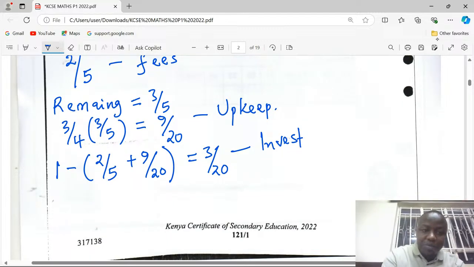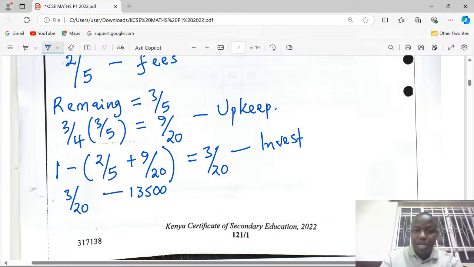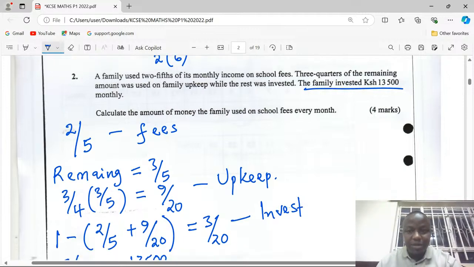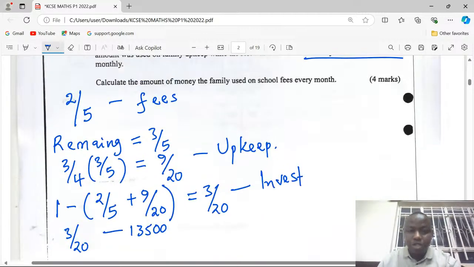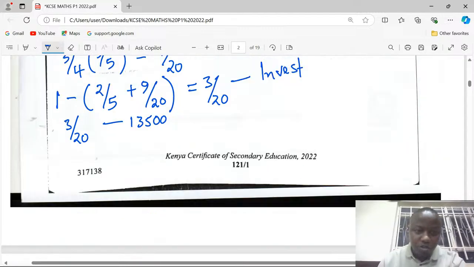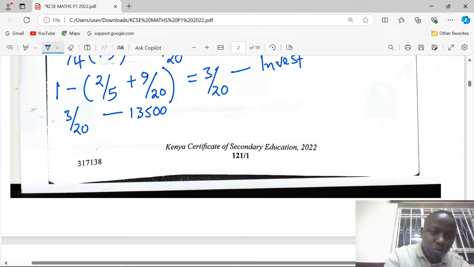So we can say that the 3/20 is the one representing 13,500, because we are told in the instructions that the family invested 13,500 monthly. Then we have the fraction that represents that amount. What about the question we have for school fees? The fraction for school fees is also known, 2/5. So proportionally, what will 2/5 represent?